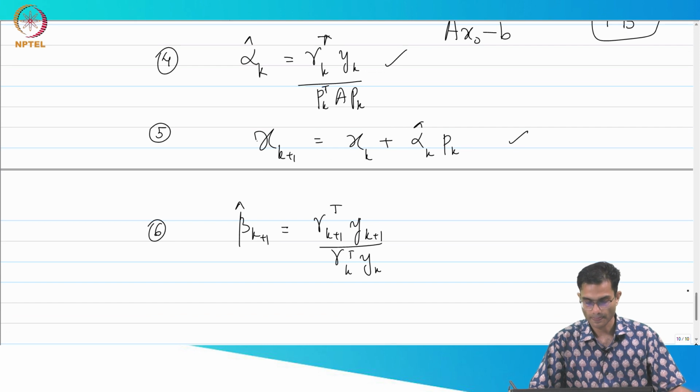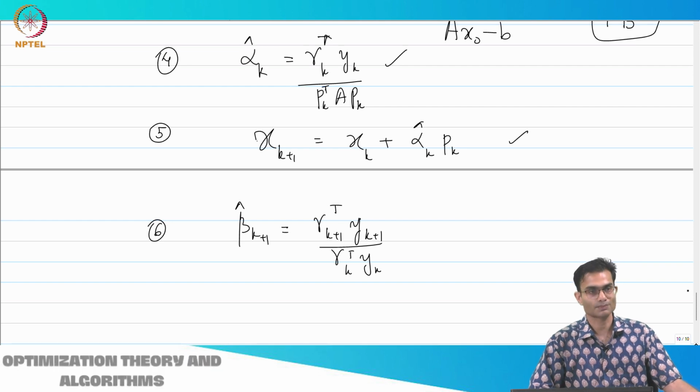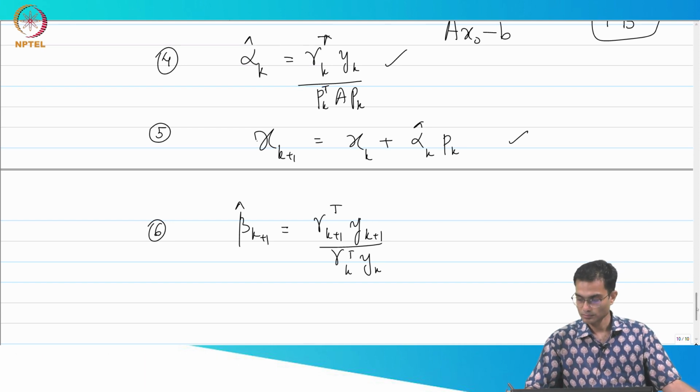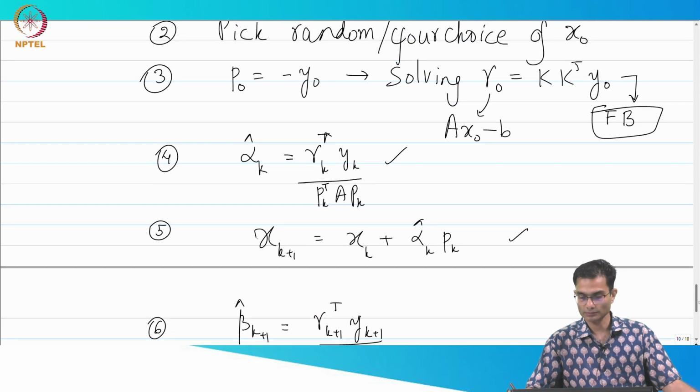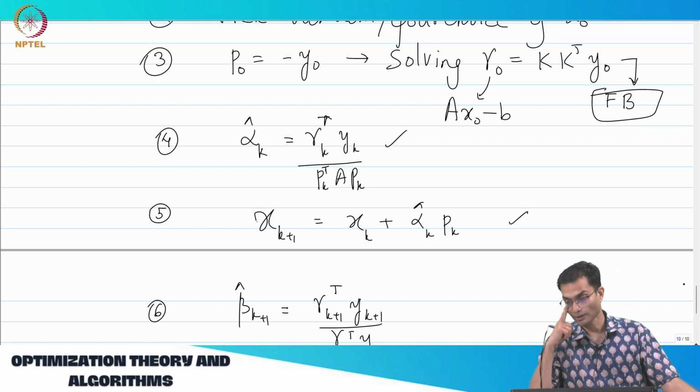Again, can I calculate this? Can I calculate r k plus 1? Yes, because I know my new x k plus 1 from the previous step. So, I can calculate my r k plus 1, and I need y k plus 1. Can I get y k plus 1? Yes. Why? Because I know r, I know the K K transpose, and therefore I can get y.